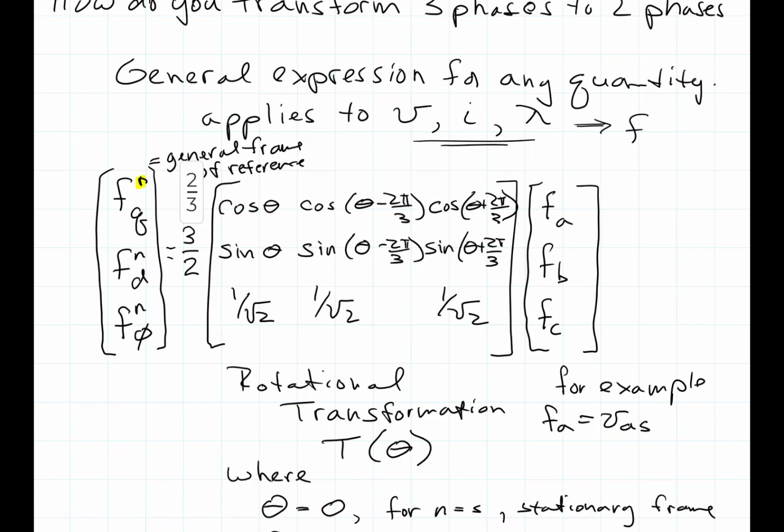It represents the common mode. If there is any common mode, it's there.